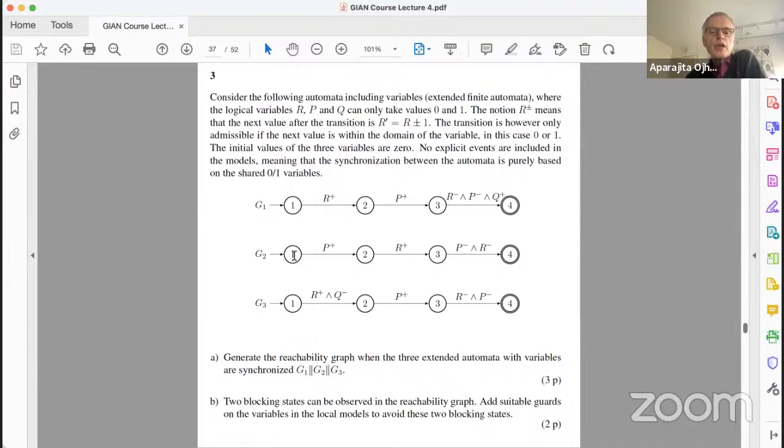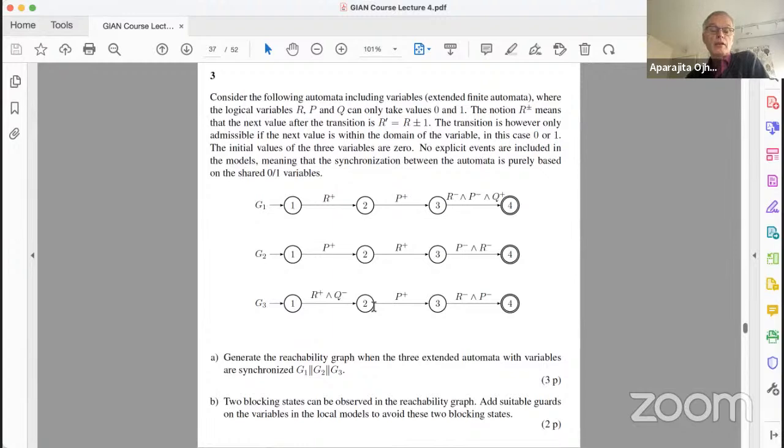And also here, in the relation between G2 and G3, the conflict is between R and P, and here you have the other one. And if you here say that P plus is only okay if R is equal 0, it means that neither G1 nor G3 has executed, so they are in state 2.